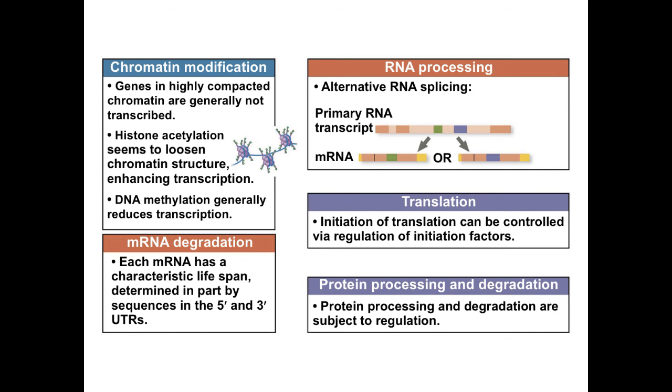Here's an overview of the different ways that gene expression can be modified. The blue box contains modifications that can be made in the nucleus to the DNA. The orange boxes are modifications that can be made before translation, and the purple boxes are changes that can be made during or after translation.